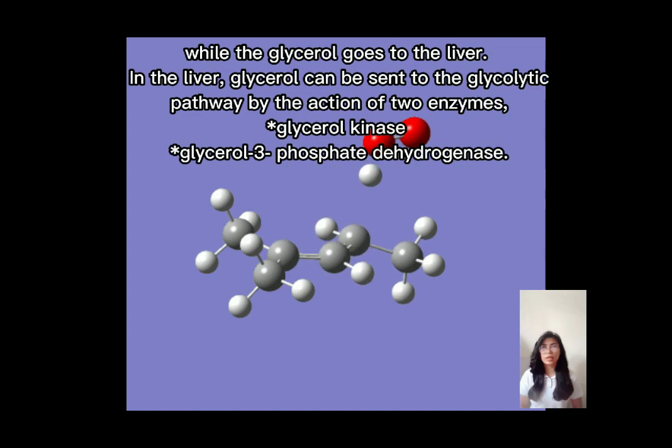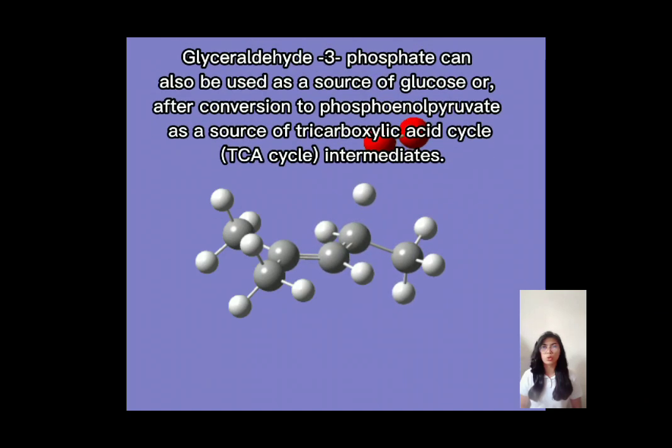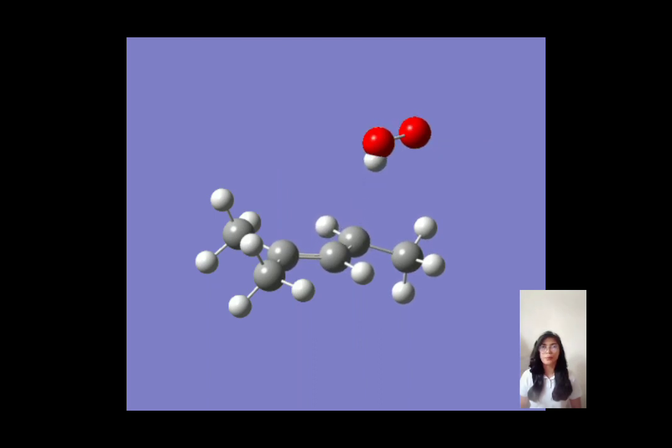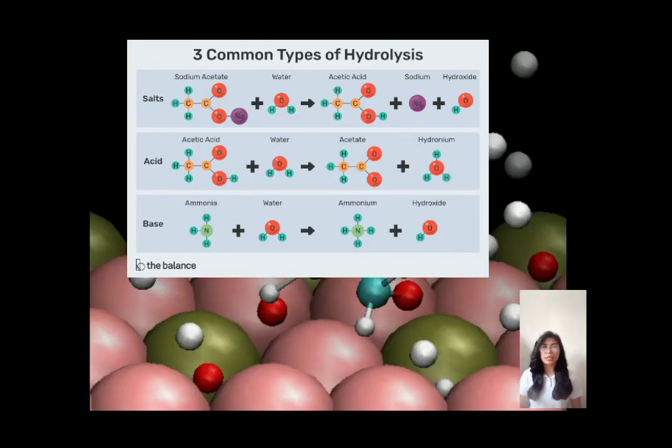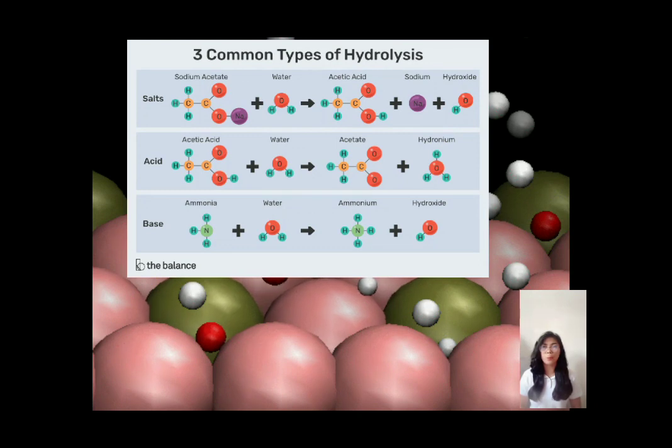Glycerol 3-phosphate can be used as a source of glucose or, after conversion to phosphoenolpyruvate, as a source of tricarboxylic acid cycle or TCA cycle intermediates. 3 common types of hydrolysis: salts, acids, and bases. Salt: acetate plus water gives acetic acid plus hydroxide. Acid: acetic acid plus water gives acetate plus hydronium. Base: ammonia plus water gives ammonium plus hydroxide.